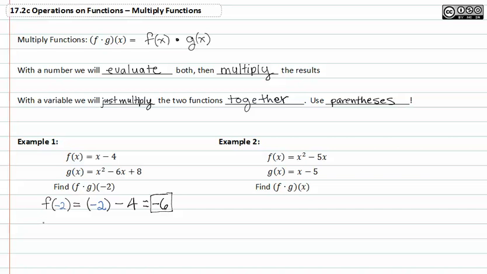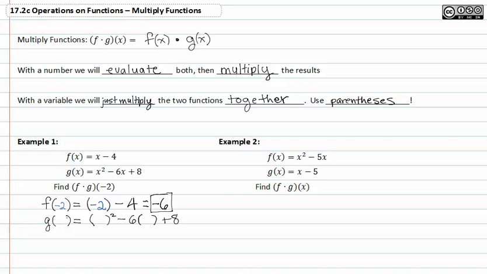Now I'm going to evaluate the g of x function. The generic function is empty spaces. We could think of it as a substitution, where we're going to put the -2 and everything else exactly as it is.